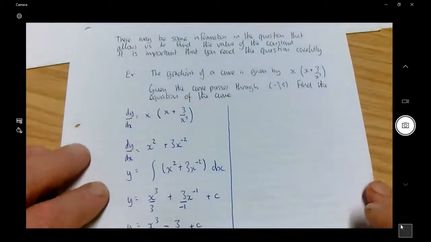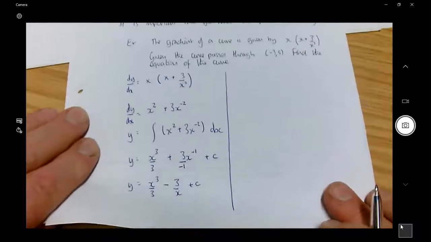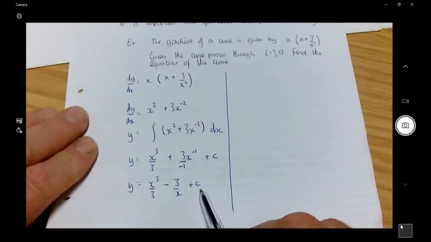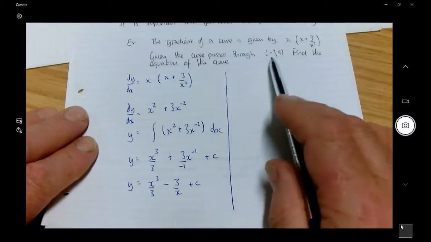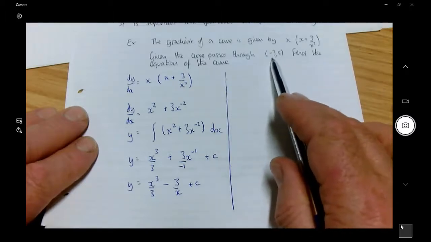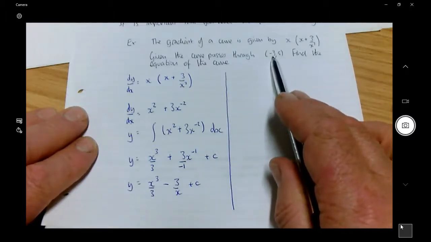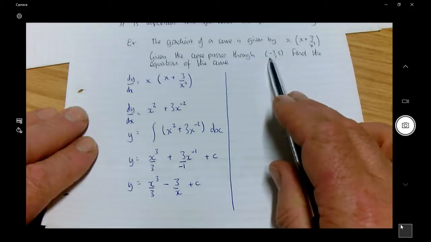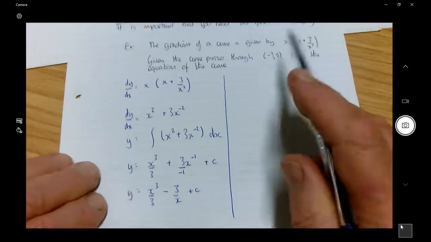Now, when you get to there, have you answered the question? No, because we haven't got the equation of the curve. We've got a constant in there. We've introduced that, but go back and read the question. At this point here, x equals minus 3 and y equals 5. So it's given me a connection between x and y.